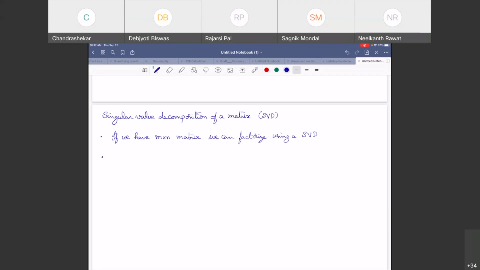You can write the singular value decomposition of a matrix M in the following form: U, then another matrix sigma, and another matrix V. Here I'd like to mention that the sigma I'm using is a matrix, not the symbol for summation. Here capital M is an m by n matrix.